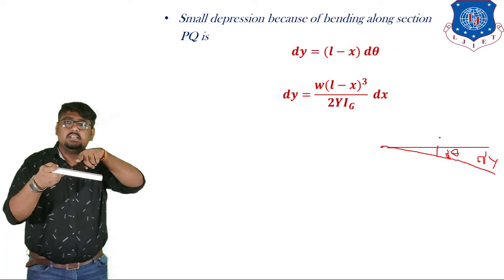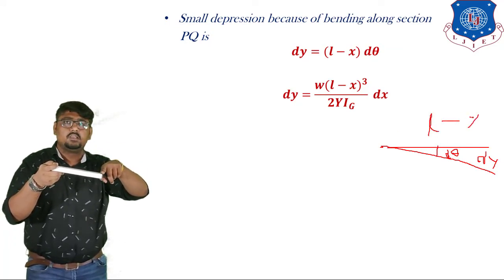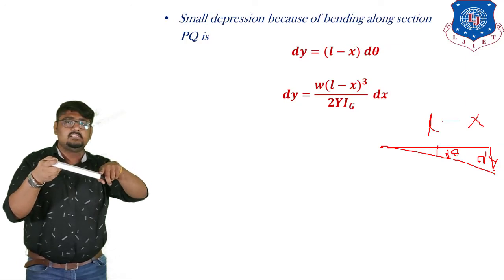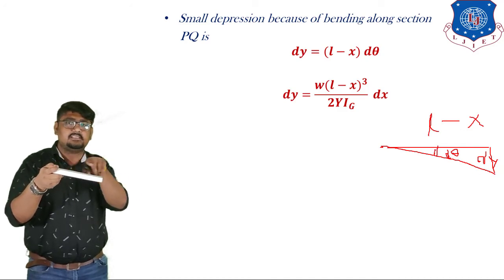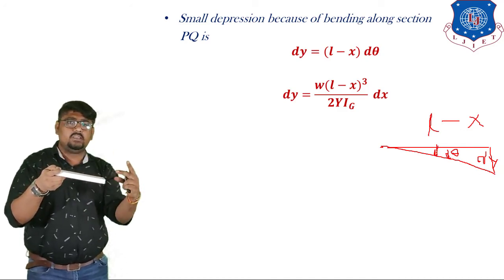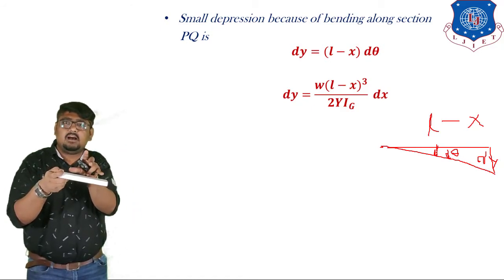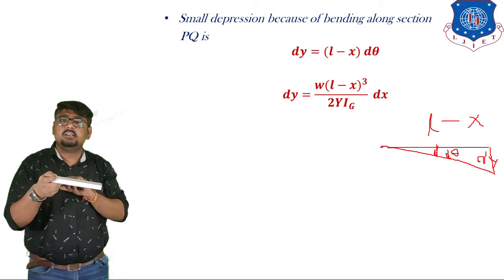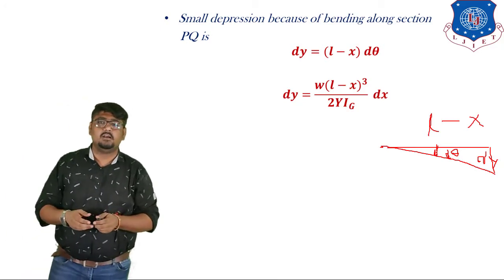That angle is nothing but d theta. And over here there is a depression. Previously it was like this, now it is like this. So this is dy, and this change in angle is d theta, and this length is L minus x. So we get dy equals (L minus x), that is the radius, into the angle d theta. So dy equals (L minus x) d theta.